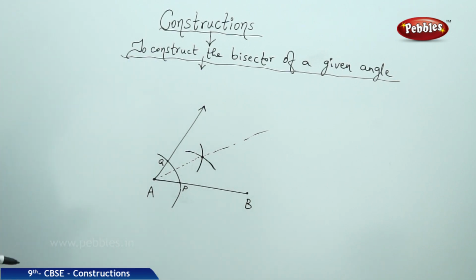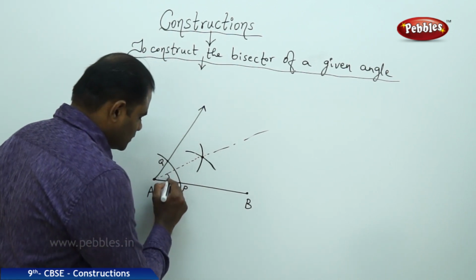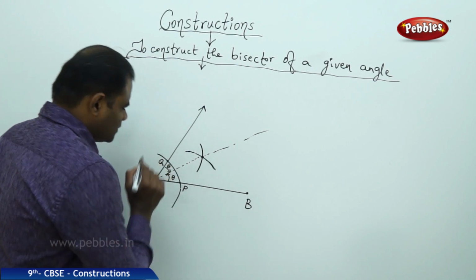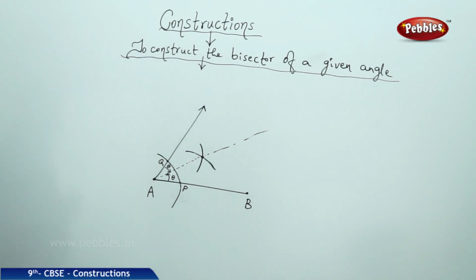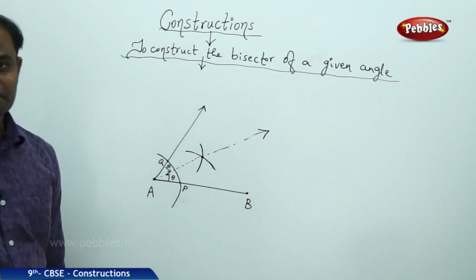This is how I get a line. And this line exactly makes equal angles, theta and theta. That means this line is the bisector of the given angle.